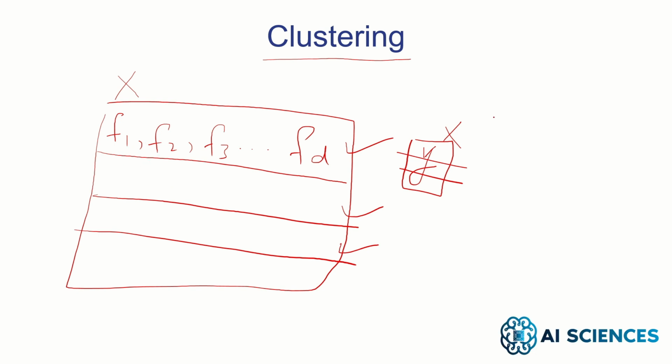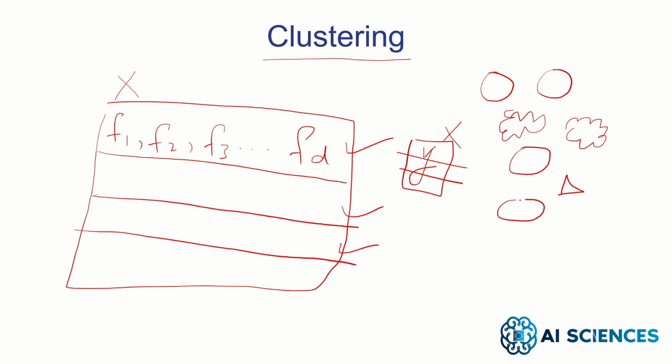For example, let me give you some data sets. That's a data point. That's a data point. That's a data point. Let's say that's some data. That's another data. That's a data. That's a data.